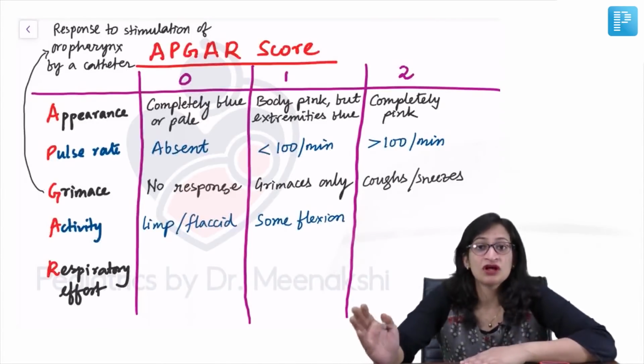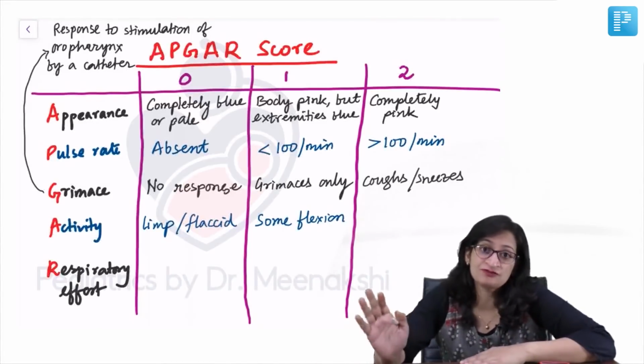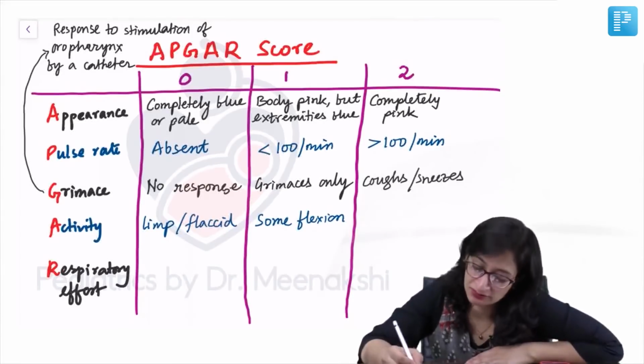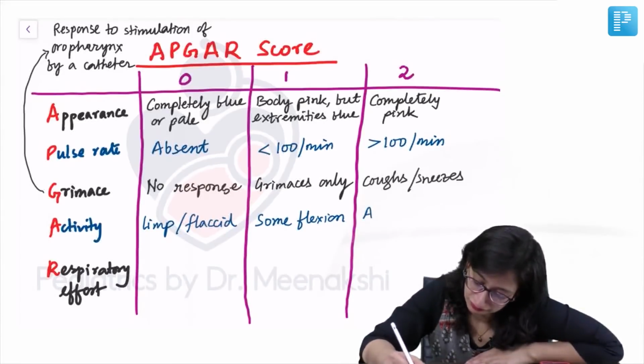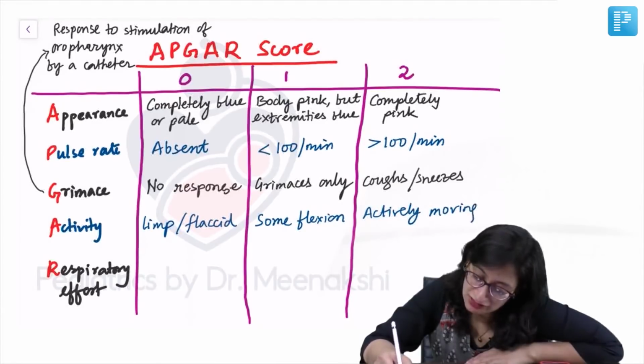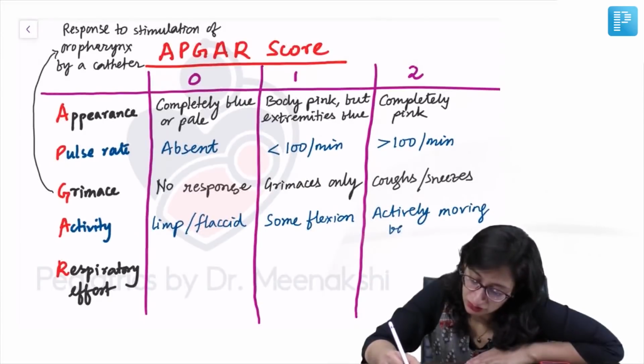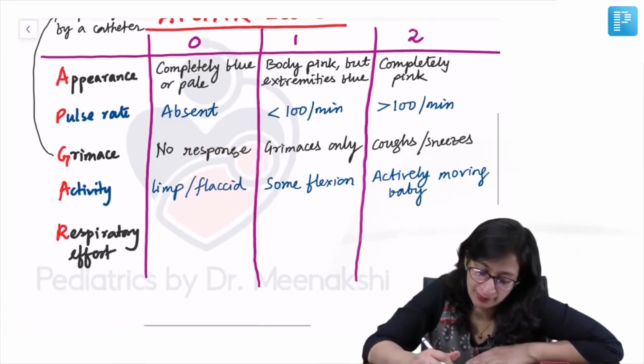While you give it a score of 2 if it is a well-flexed posture with normal limb movements, if it is an actively moving baby. Well-flexed posture with active movement of limbs, you give it a score of 2.